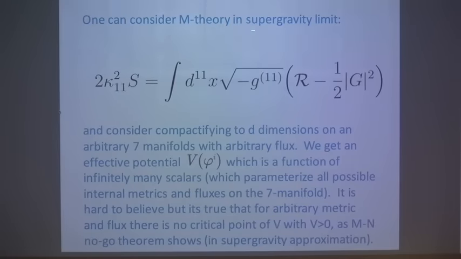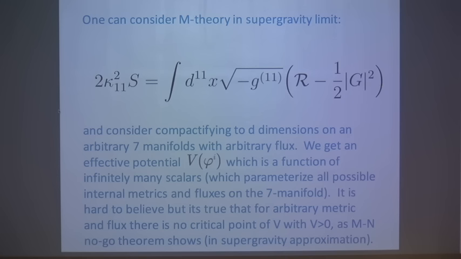One can consider M theory in the supergravity limit and consider compactifying on an arbitrary 7-manifold to 4 dimensions. So you go from 11 to 4 dimensions, pick your 7-manifold of your favorite type with arbitrary metric and arbitrary G-flux. The only thing I want to assume is that the supergravity approximation is valid.